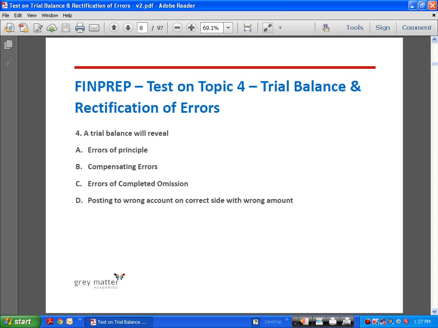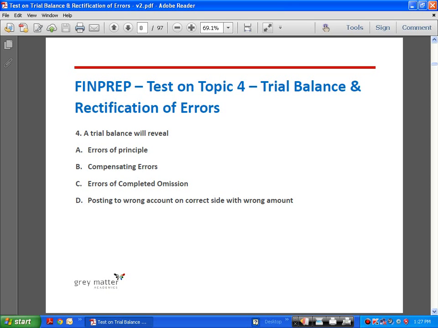For example, if we have understated an expense of 10,000 rupees, but we have overstated an asset of 10,000 rupees, then one error compensates the other, and the trial balance will not reveal such an error. Then error of complete omission, yes, the transaction is not brought into books at all, and hence trial balance will still agree. D is posting to wrong account on correct side with wrong amount.